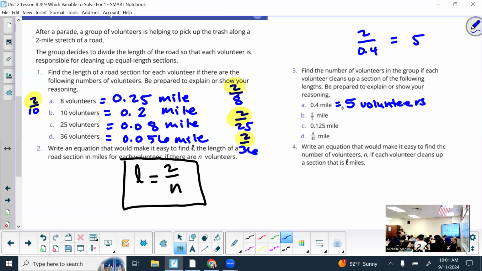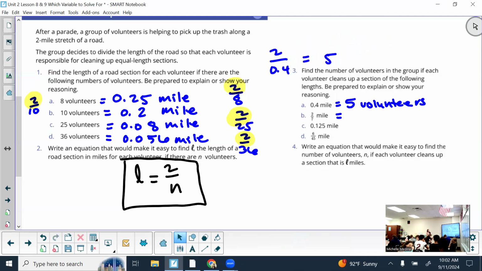Table 7, if each person has to clean up 2/7 of a mile, how many volunteers were there? Maybe pay attention to how your classmates did it. Problem solve it yourself.